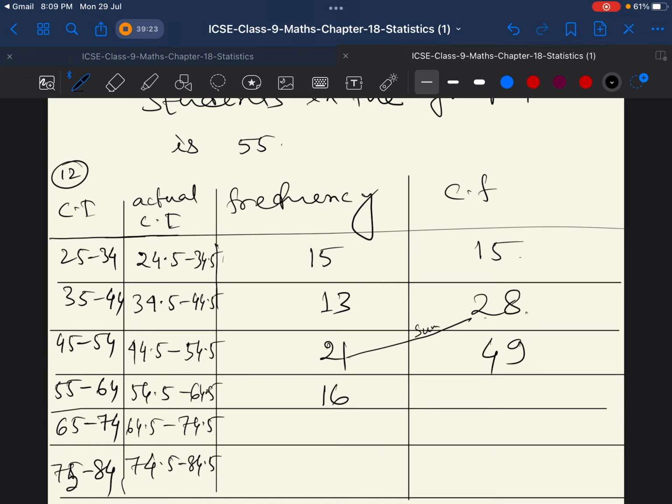So we will get 49, then add 49 plus 16, 65.